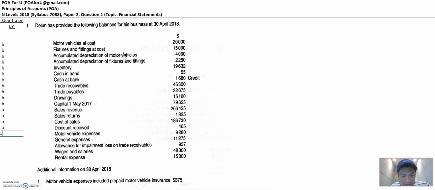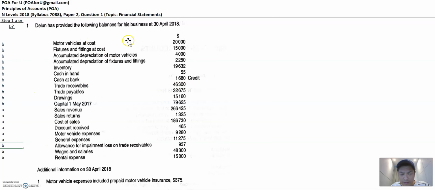Discount received is an income. Motor vehicles expense, expense. Allowance for impairment on trade receivables is a statement of financial position item. And wages and salaries and rental are expenses. This allowance for impairment of trade receivables will always be tagged along together with the trade receivables, and later I'll show you how you do that. Okay, so that's the first step.